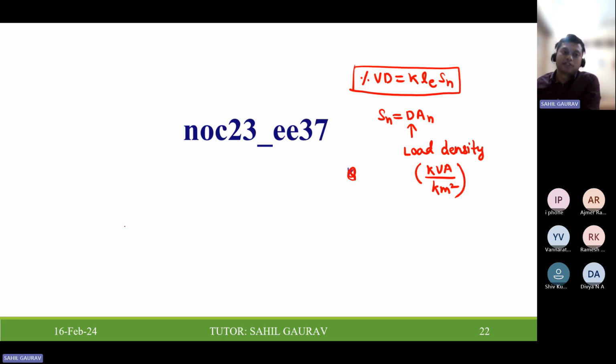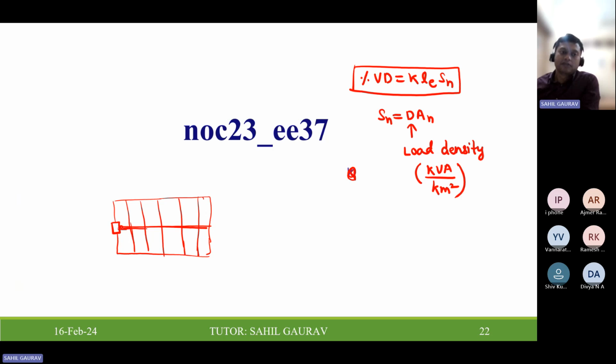Like for a rectangular service substation, suppose this is the primary feeder and this is the substation, and it has a rectangular service area. These are laterals, and it has different loads that are uniformly distributed.